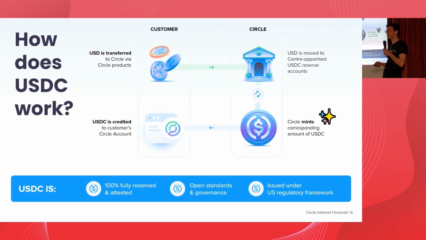Every month we release audited financial documents that say, this is where the money is, this is exactly how much of it is, it still exists, and everything else like that. And what we've seen is that the ecosystem really appreciates that transparency. And that transparency gives you the confidence to know that when you hold 1 USDC, it's going to continue to be worth $1 in perpetuity.